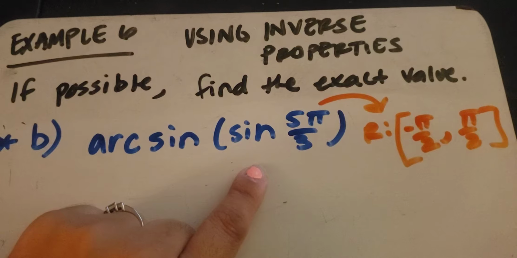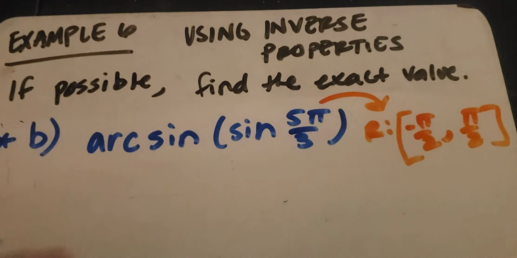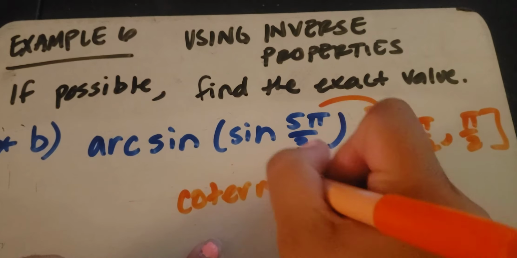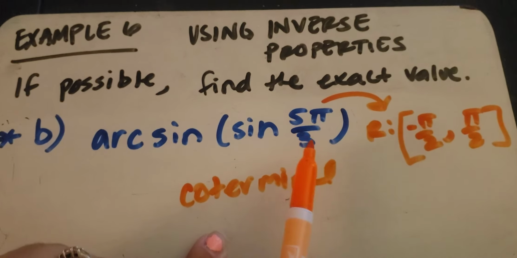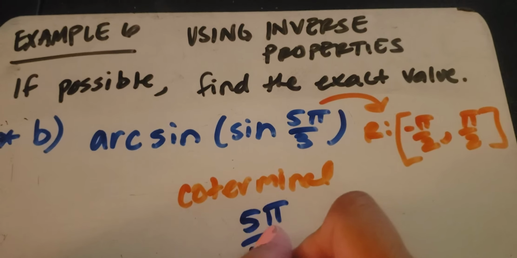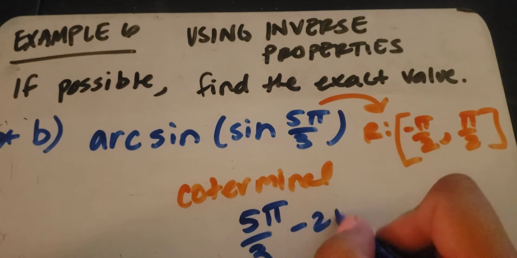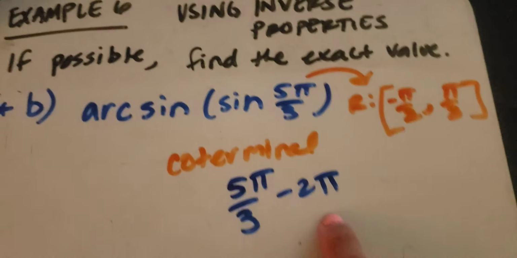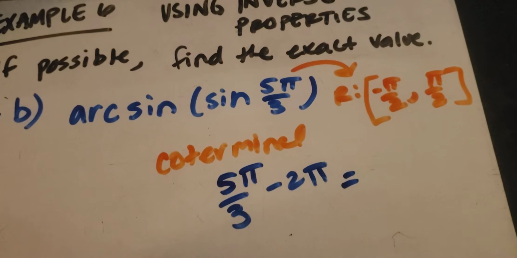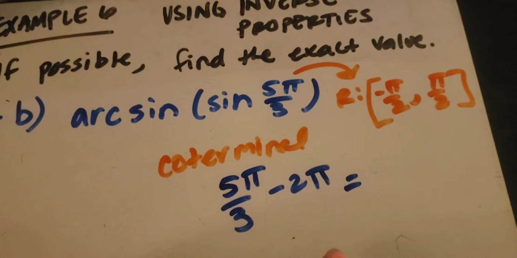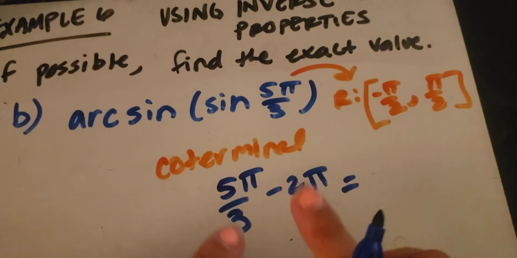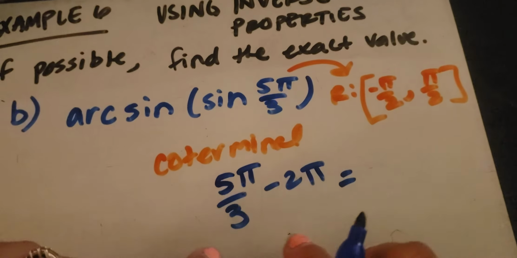So the way we find our coterminal angle, which we've had practice with before, again, let me write coterminal, is we're going to take 5 pi over 3 and subtract 2 pi. And if we do that, 5 pi over 3 minus 2 pi, I'll let you guys do the whole common denominator multiply.